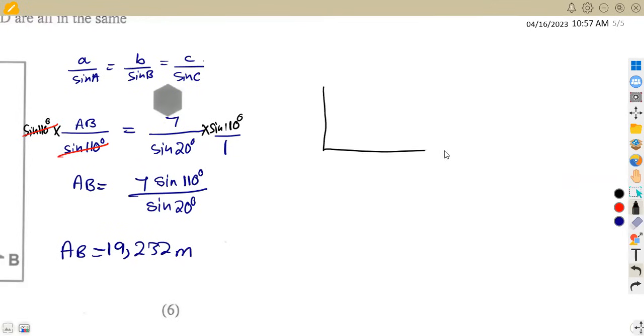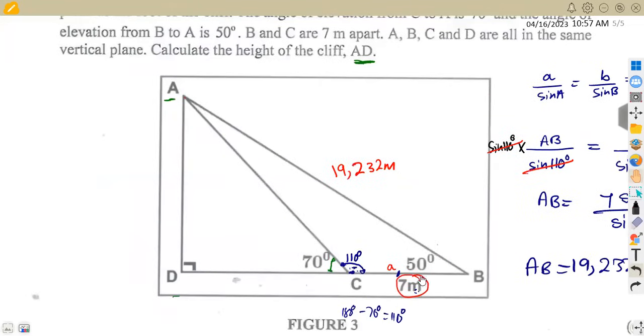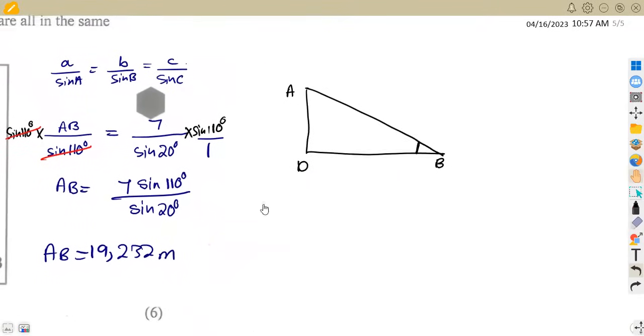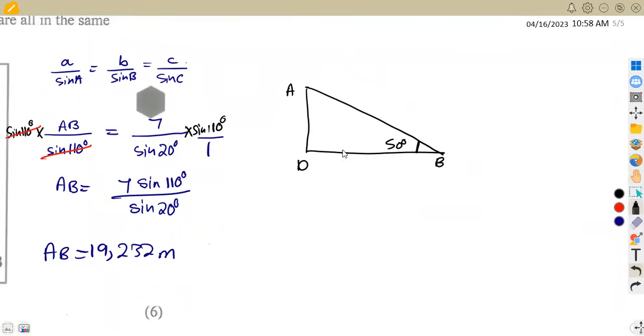So at angle B, this is the angle that we are going to work with, which is 50 degrees. At D, that's 90 degrees. We calculated AB, this side, which is 19.232 meters. So we are left with a normal right angle triangle where we can calculate this AD, since we are given an angle and a side.